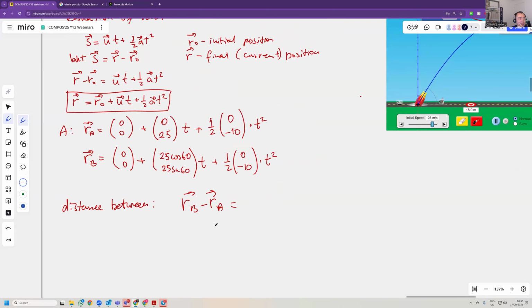Right. And we can find RB minus RA. So it's 25 cos 60 minus 0, well, 25 cos 60, 25 sine 60 minus 25 times t. Oh, and this cancels out.